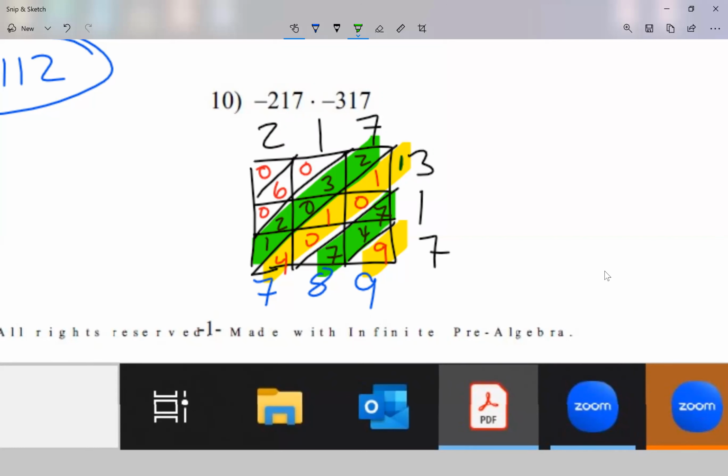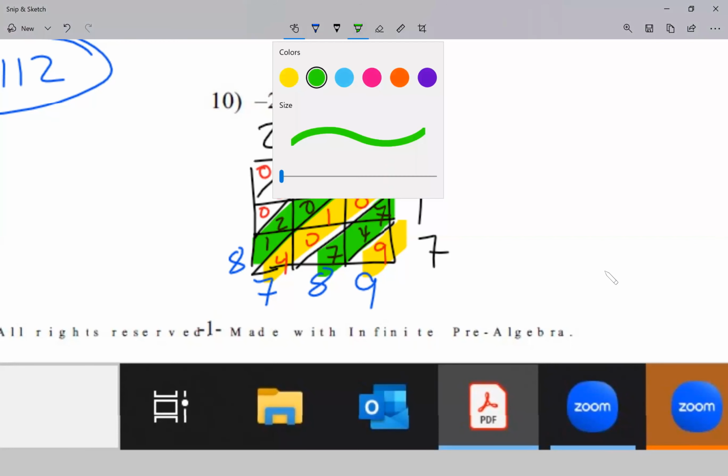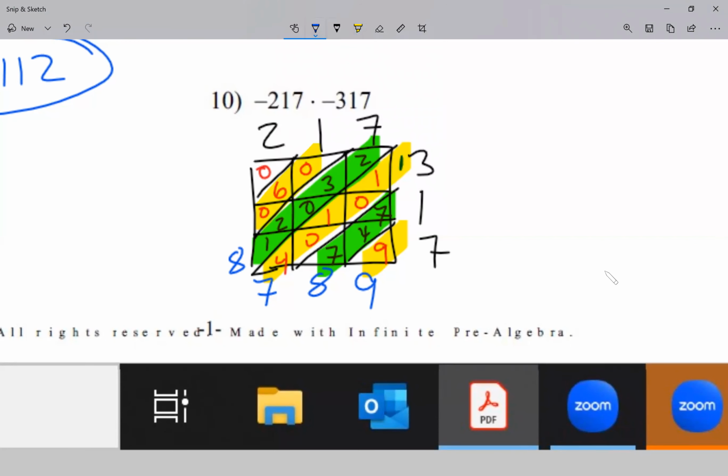So 5, and then plus 2 plus 1, so that's 8. Then here, that's just 6. And then my last row, it's a 0. So I'm just going to ignore that.